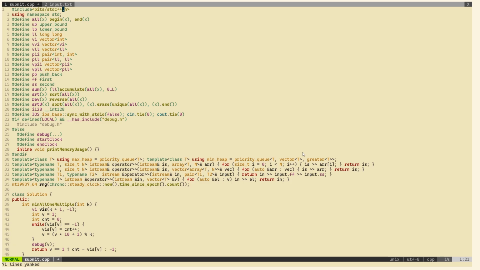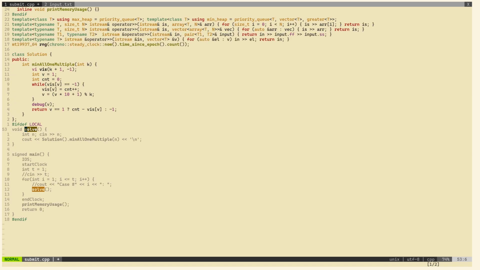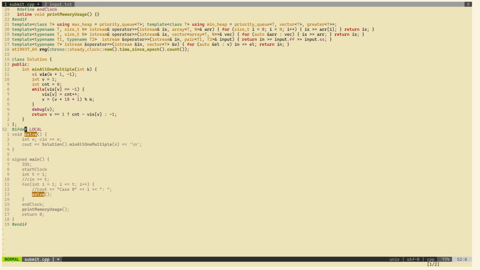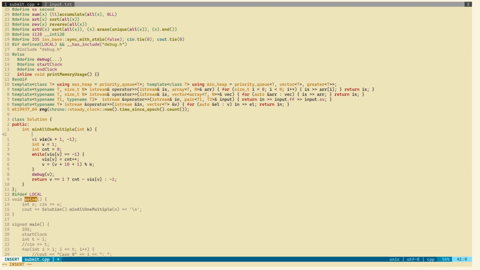Okay, yeah, but this question is just you keep a list of multiples. If k mod 2 is equal to 0 or k mod 5 is equal to 0, just return -1, because that's the property of the number made up of all ones.